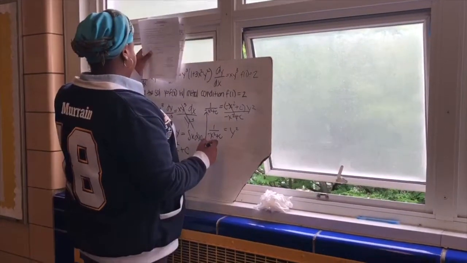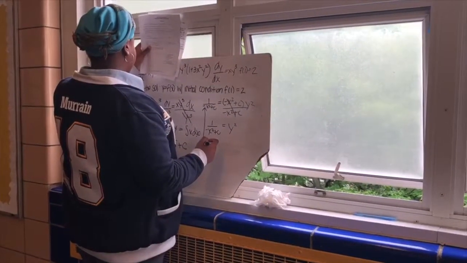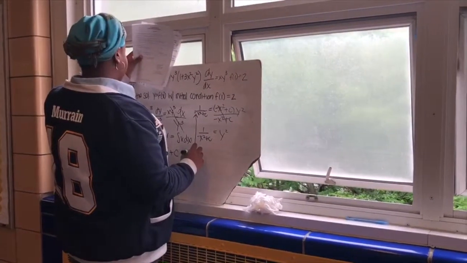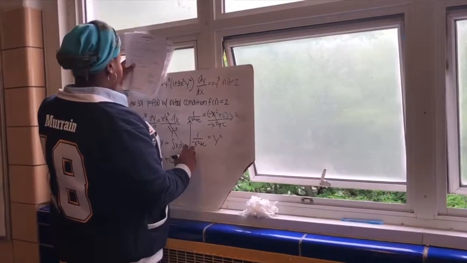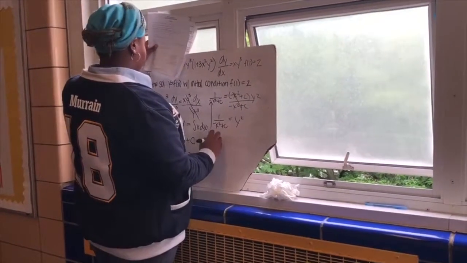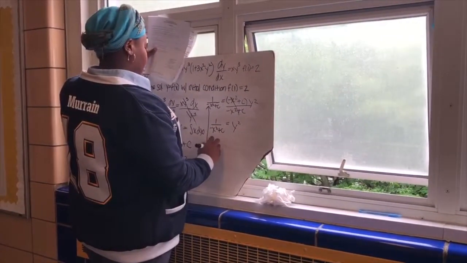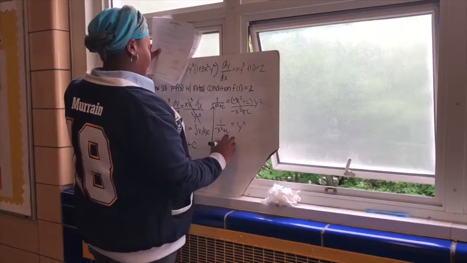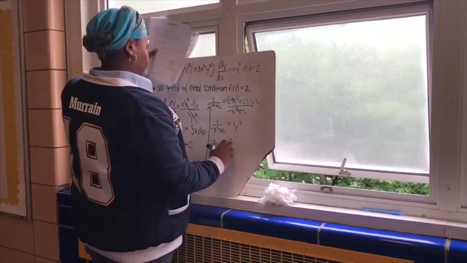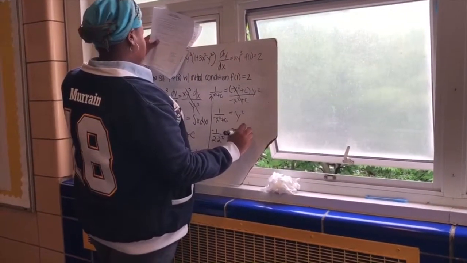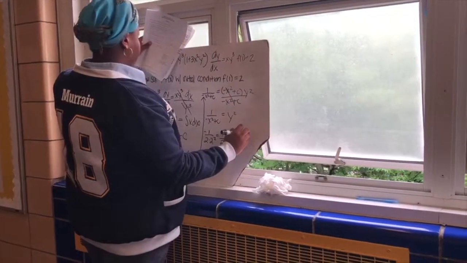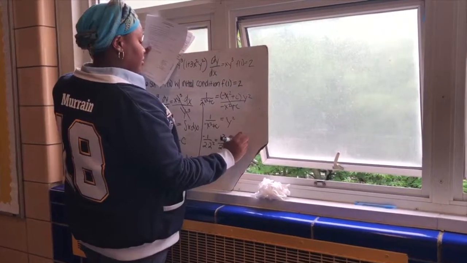I'm just taking some time here and thinking. This is where I'm now plugging in the point that they gave us in part C, which was f of 1 equals 2, which is basically 1, 2.